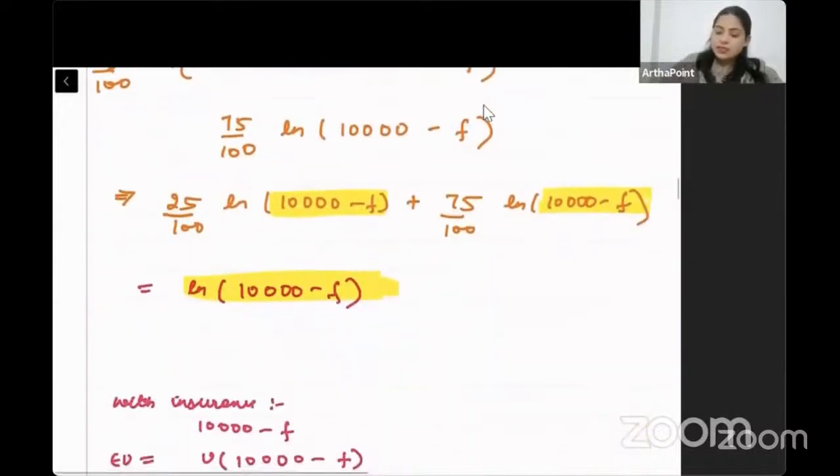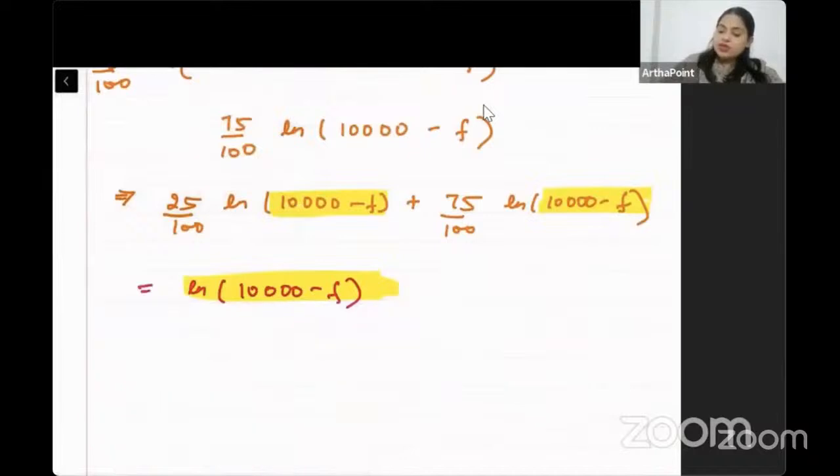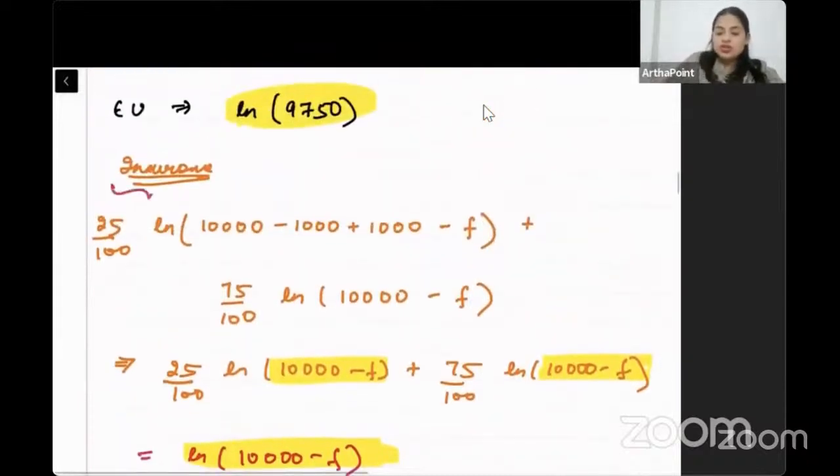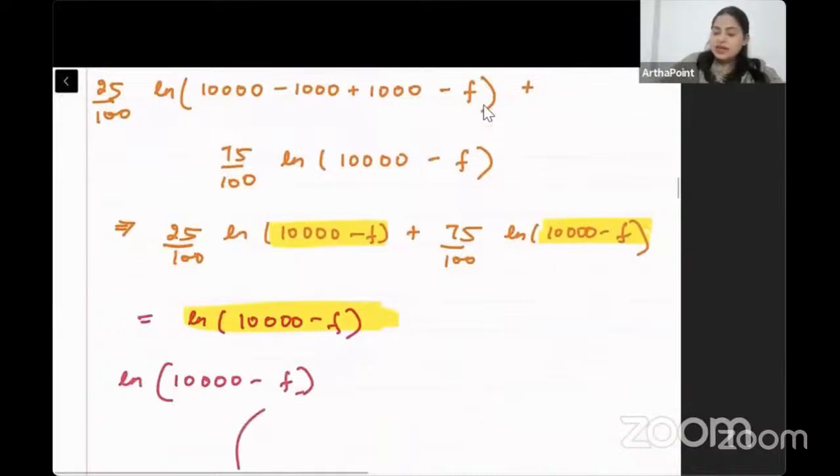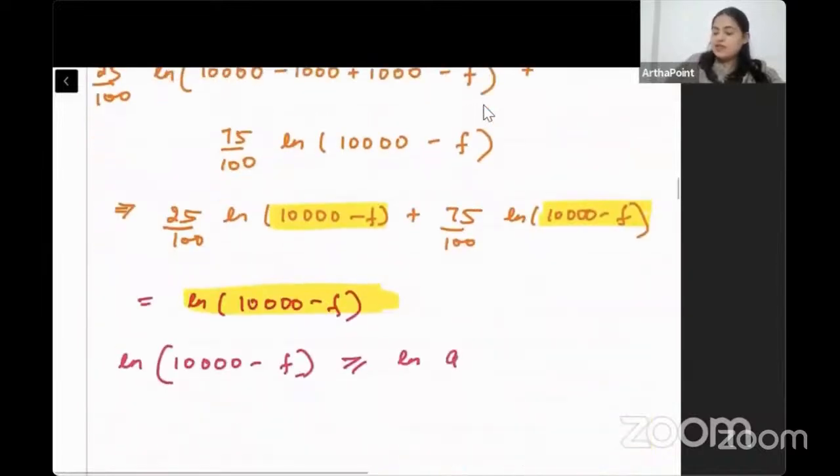Now what do we have to do? When will you take insurance? When ln (10,000 minus F) is greater than or equal to ln 9750.